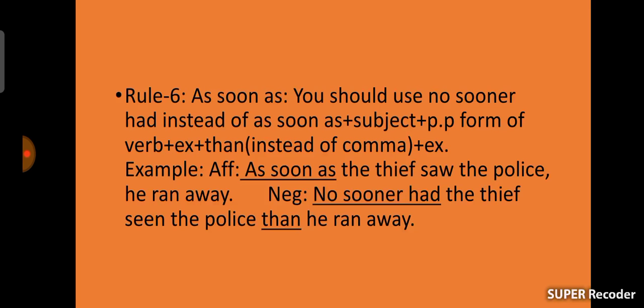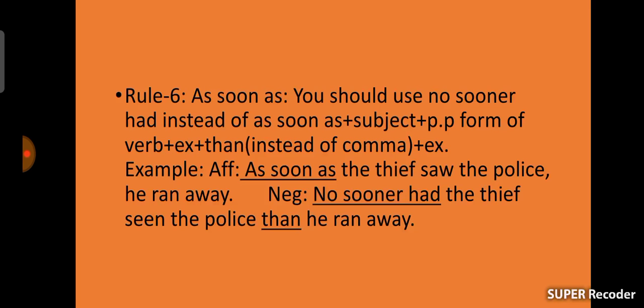Let's see the example. Affirmative: as soon as the thief saw the police, he ran away. Negative: we should use no sooner had instead of as soon as. No sooner had the thief, then the verb was saw in the past tense. We should use the past participle form of the verb: no sooner had the thief seen the police.